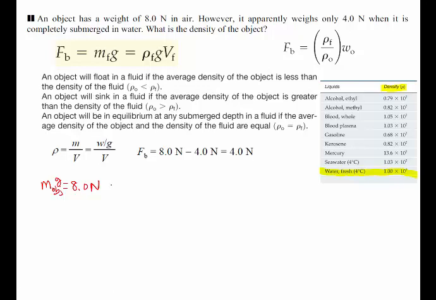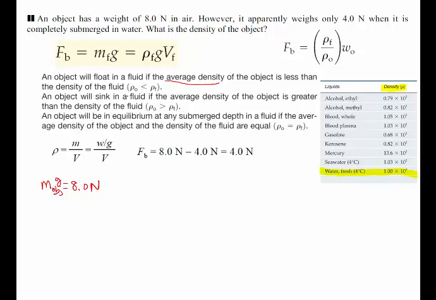So here are a couple of things that we have to first consider. An object will float in a fluid if the average density, that's important, of the object is less than the density of the fluid. So this is a case where we could think of something, a piece of paper, that's floating on water.